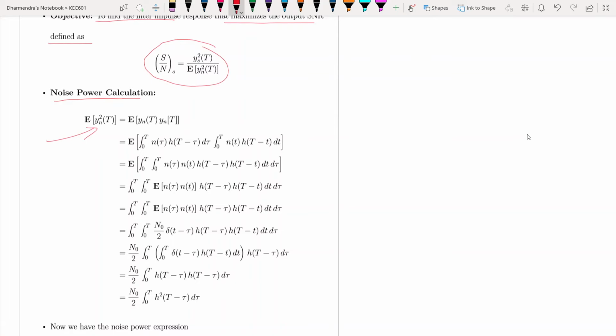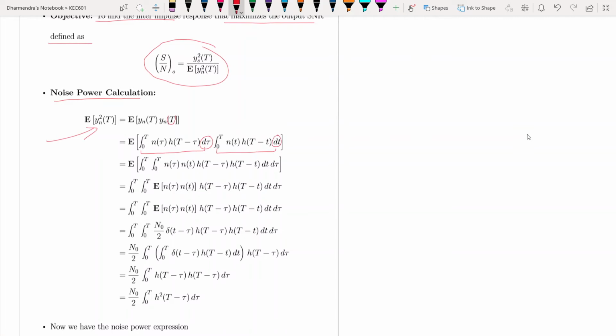The square of y1 of t can be written as y1 of t into y1 of t, and then I will write it in integral form for y1 of capital T. I am using tau as a dummy variable for integration, and here I am using t as a dummy variable.